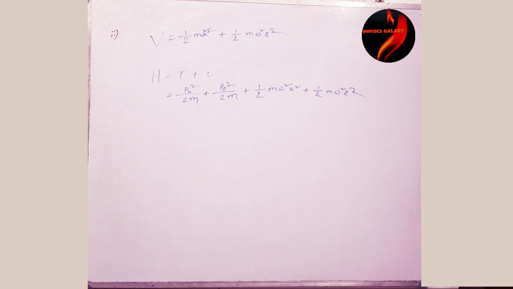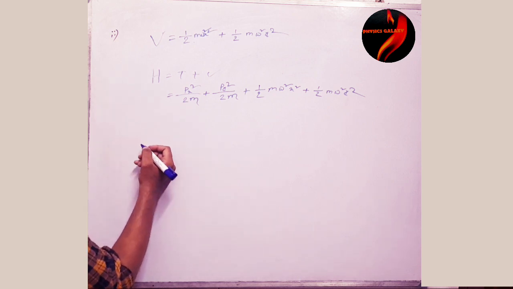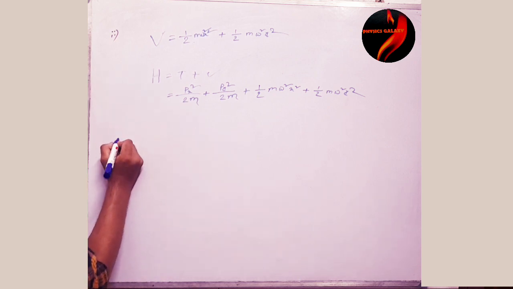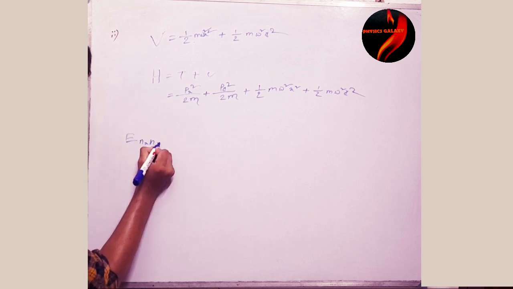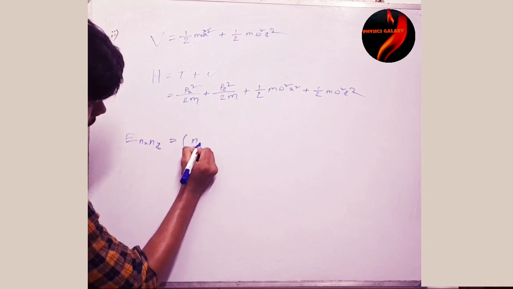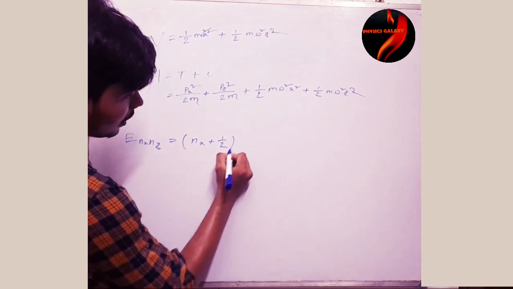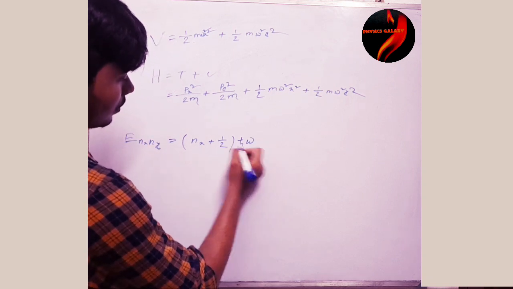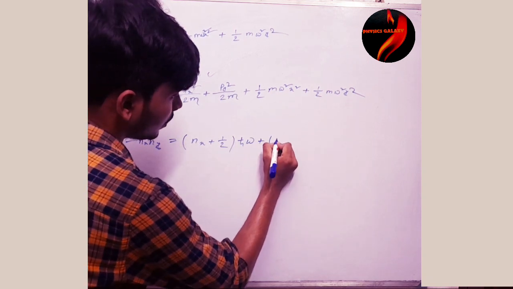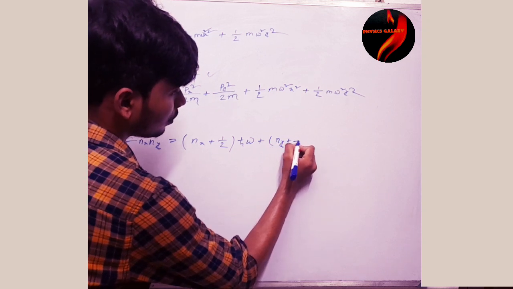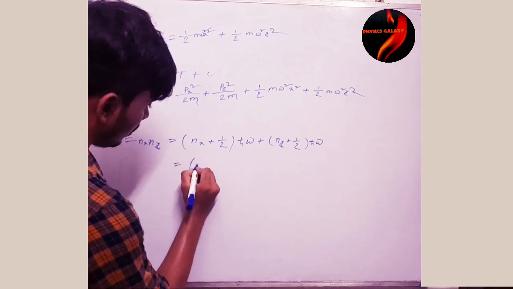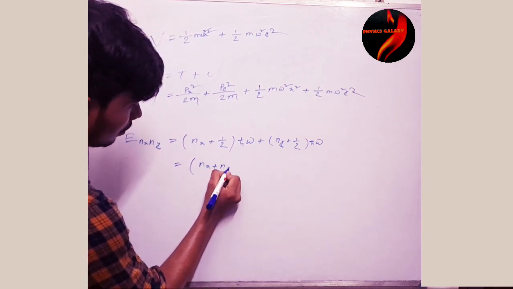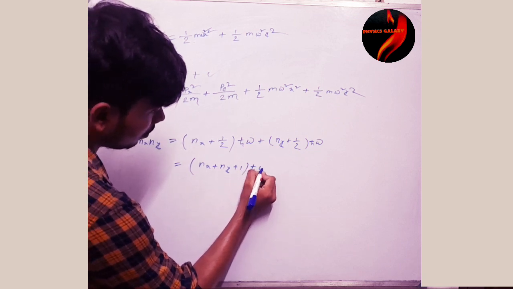Then he asked me to write down the energy in the form of nx and ny, and it is like this: E of nx and ny should equal (nx plus half) h cut omega for the x component, and for y it will be (ny plus half) h cut omega, and it is basically (nx plus ny plus 1) h cut omega.